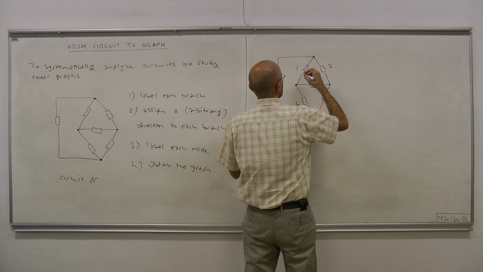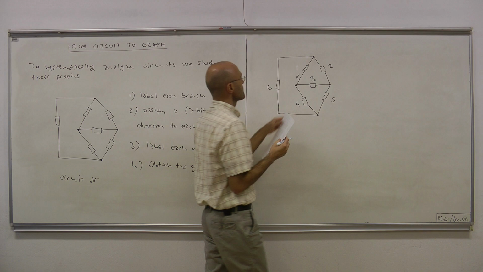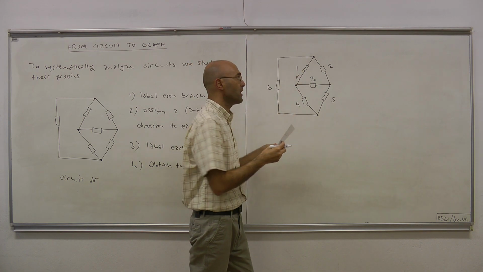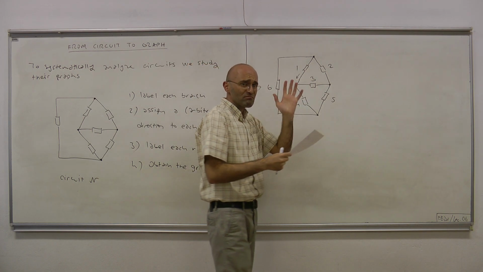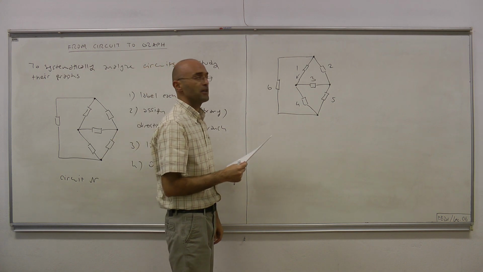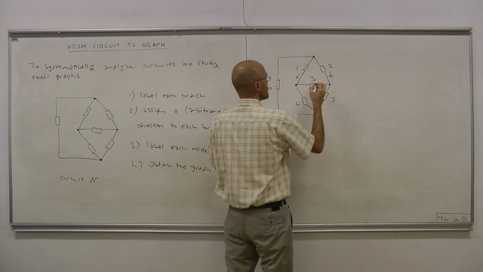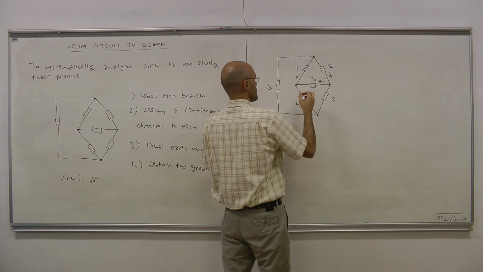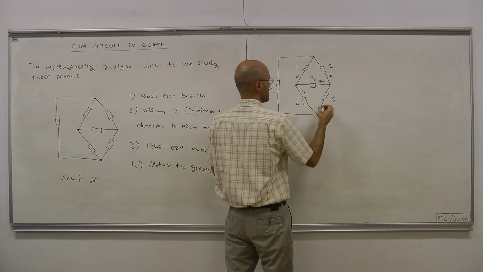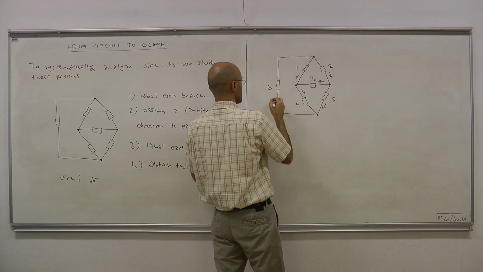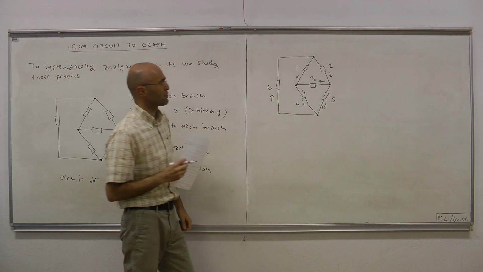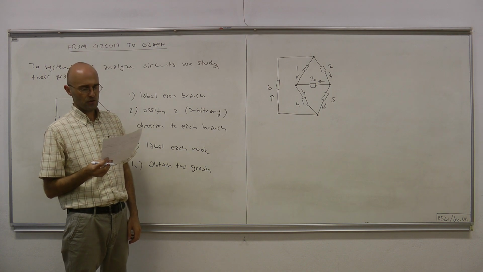This is the direction for branch 1. It's arbitrary, it could have been the other way. I'm just assigning directions arbitrarily. This is the direction for the second branch, the third, fourth, fifth branch, and let the direction for the sixth branch be as such.